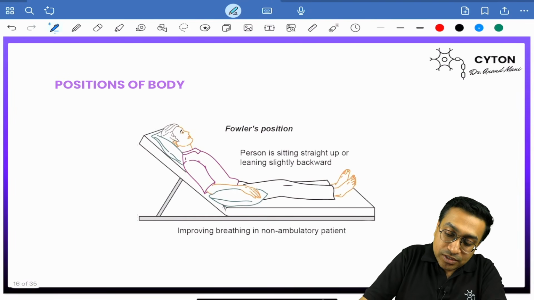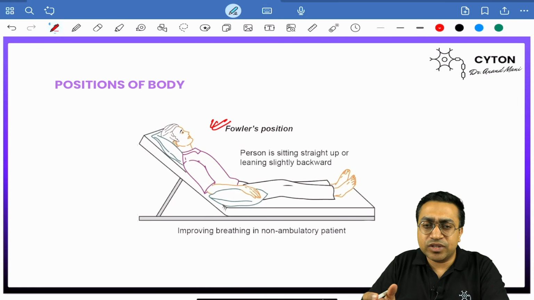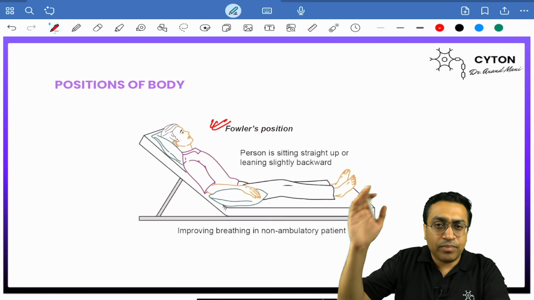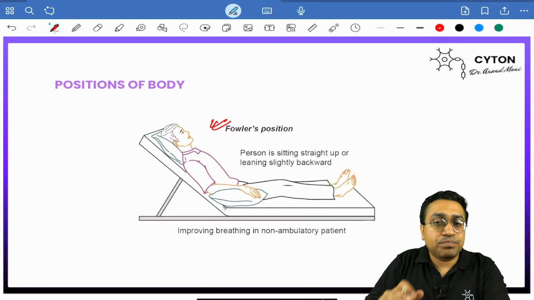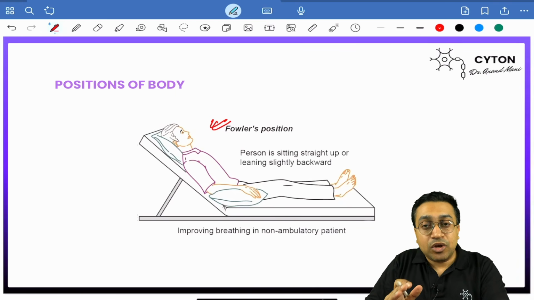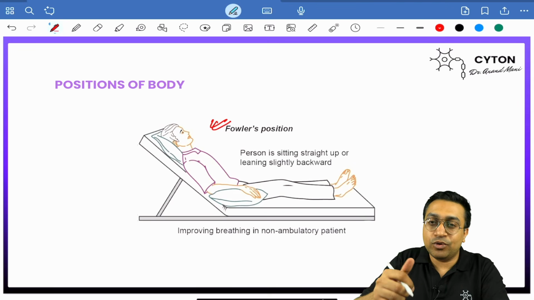Another position is known as the Fowler's position, okay. What is this? In this, as you can see, you might have seen in various web series, pictures, movies, patient is kept on the ICU bed or maybe some bed after recovery in Fowler's position. The person is sitting straight up or leaning slightly backwards, and this is a very resting kind of position. You might also be doing it casually when you are on your mobile phones.